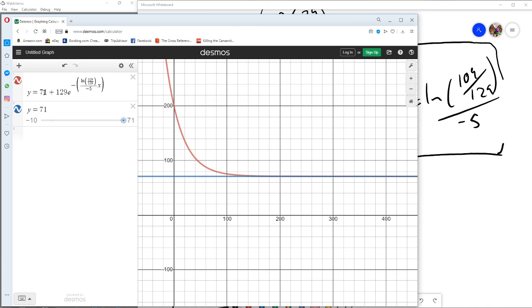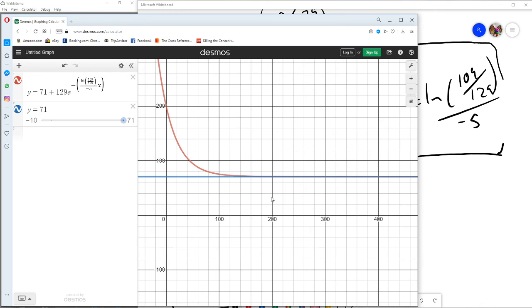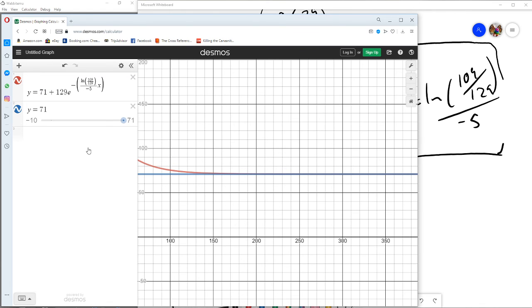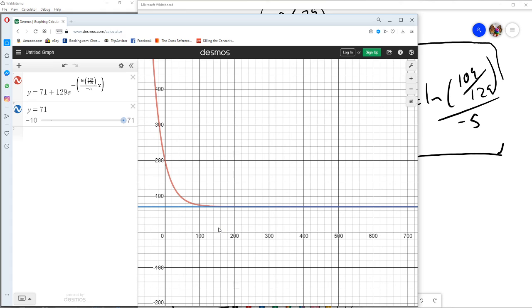Why we have this asymptote here, we can refer to our episode on graph transformations for exponentials. We talked about how if you have a number plus your exponential, then this value here would become a horizontal asymptote.